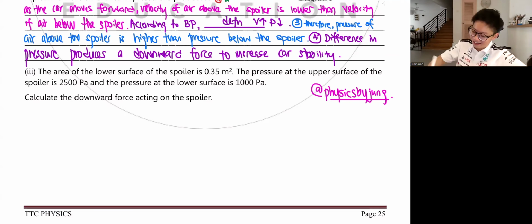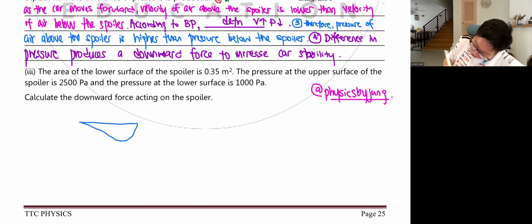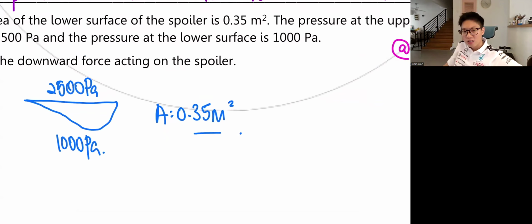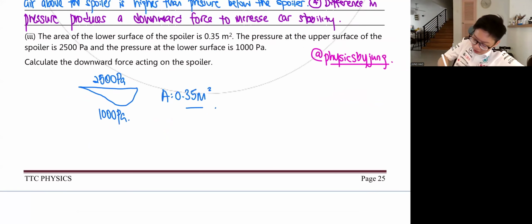Okay, let's continue. Last one, guys. Now the pressure. The area is 0.35 meters squared. The pressure above is 2,500 Pascal. The bottom is 1,000 Pascal. Calculate the downward force acting on the spoiler.